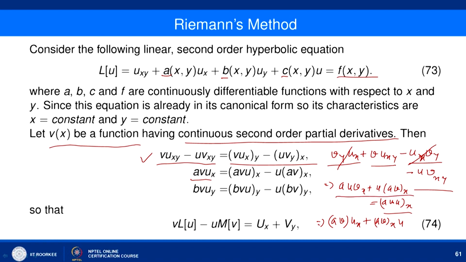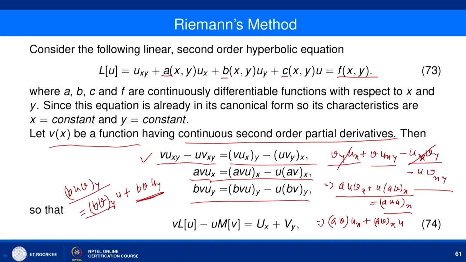So we are writing a v u_x as (a v u)_x minus u times the partial derivative with respect to x of (a v). Similarly, in the same way we can write b u v_y as b v_y u plus b v u_y. So I can write b v u_y as this minus this: (b u v)_y minus u (b v)_y. Here we are using these identities.